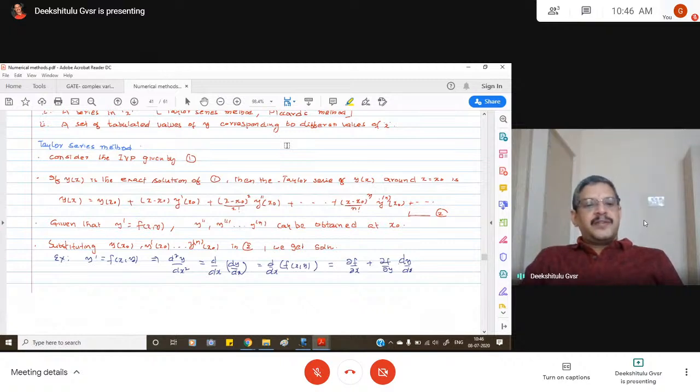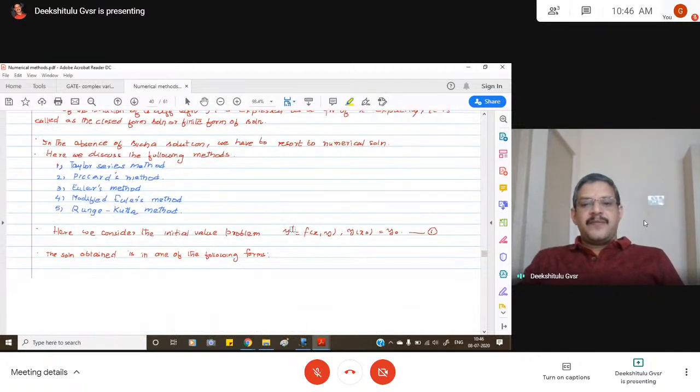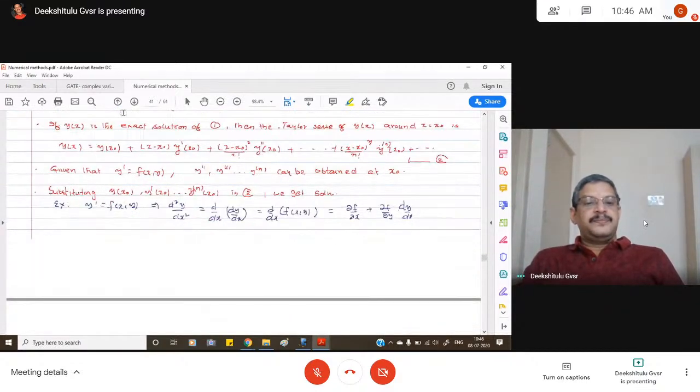So what are the different things that we don't know here? x naught we know. The problem is given as y dash is equal to f of x, y. The initial condition x naught we know, and the corresponding value of y at x naught is also known, that is y naught is also given to you. Now, y of x naught you know, x minus x naught you know, x is the independent variable, and y dash at x naught you know.